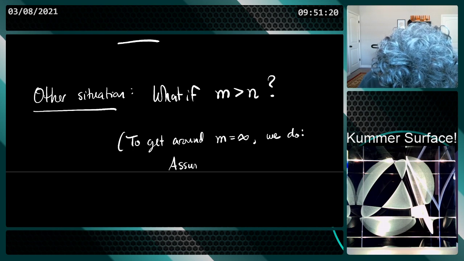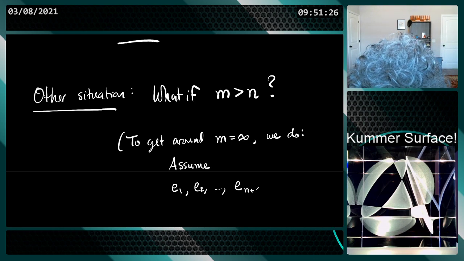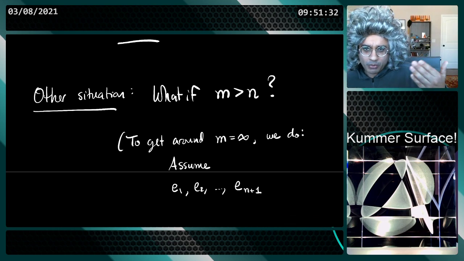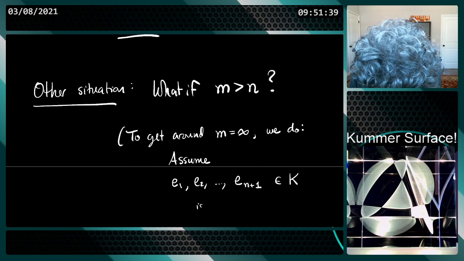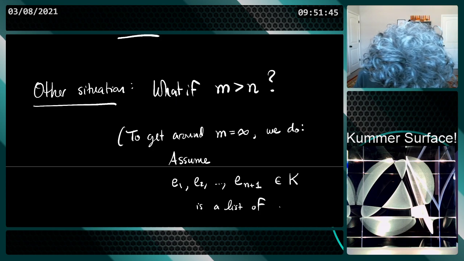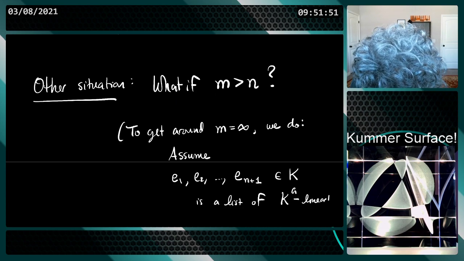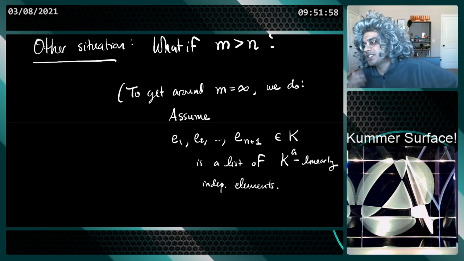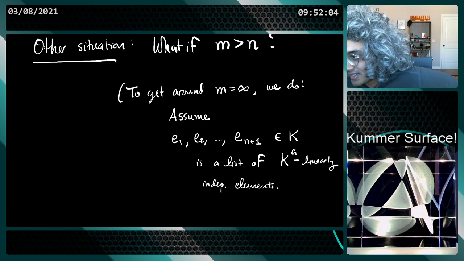We assume E1, E2 up to En plus 1, or any appropriate finite number bigger than n, is a list of independent, let me emphasize, we just assume there's n plus 1 linearly independent elements in K, because that's true.